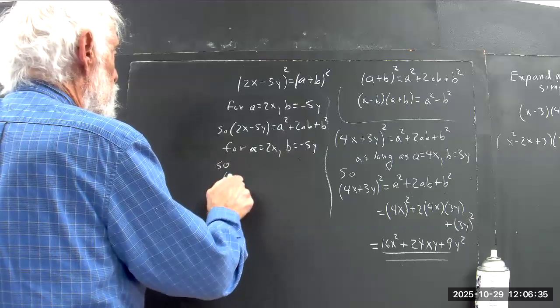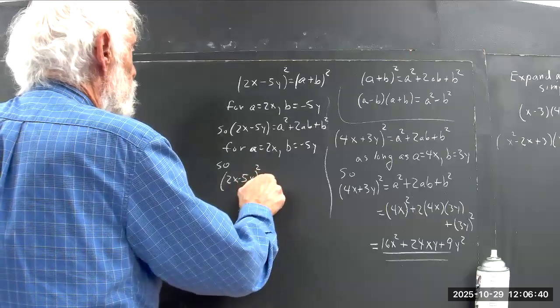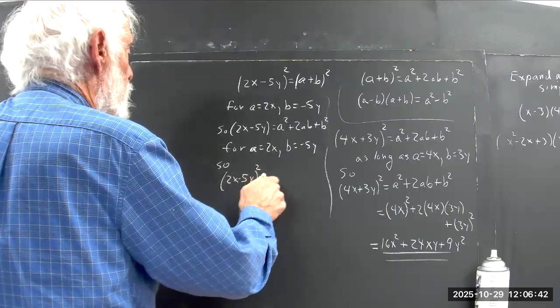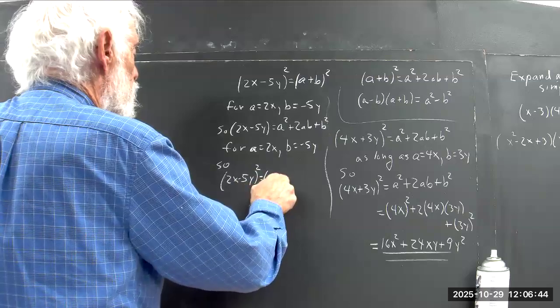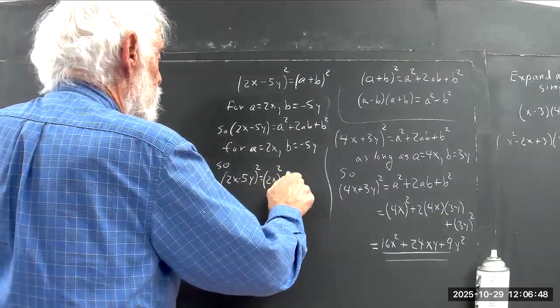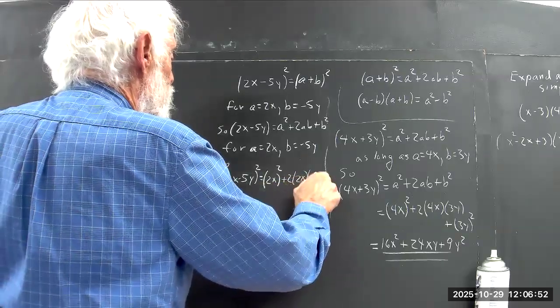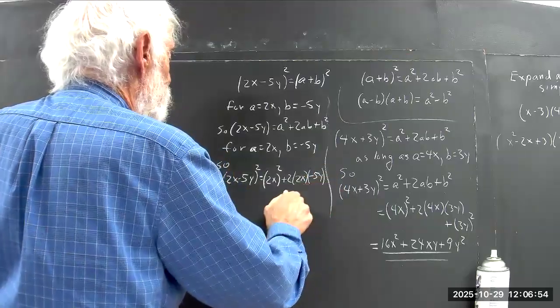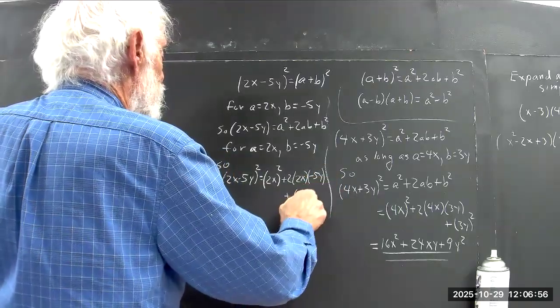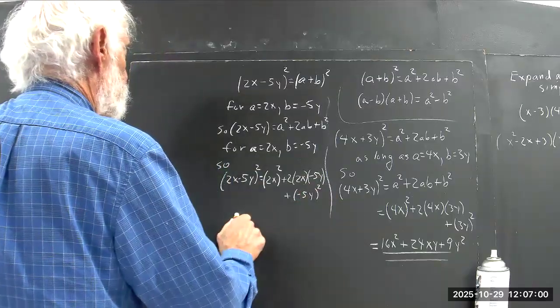So (2x minus 5y) squared equals (2x) squared plus 2 times 2x times negative 5y plus (negative 5y) squared.